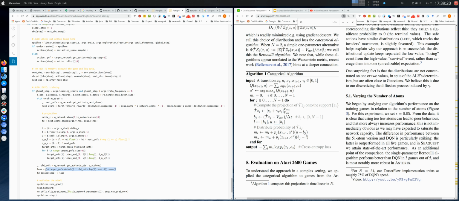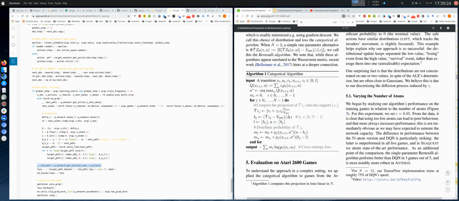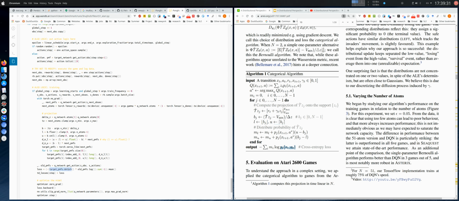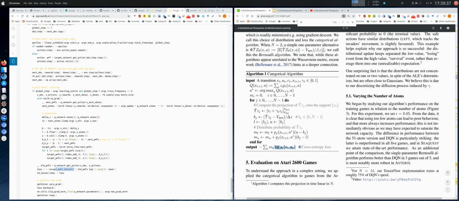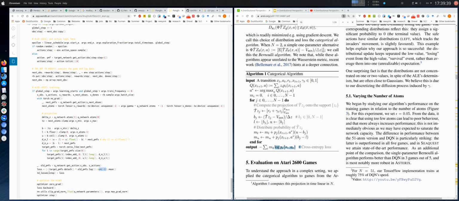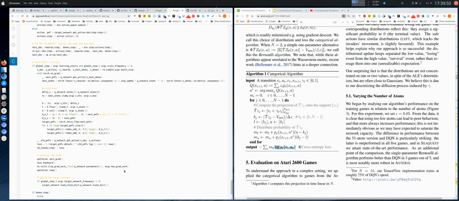But then essentially, what you would do is you generate the old PMFs, which is this, and then the loss is a cross entropy loss. And that's just the target PMFs multiplied by the old PMFs log, and then you sum it up, and then you use a negative to say this is a number that you want to minimize, and then you're taking the mean of it.